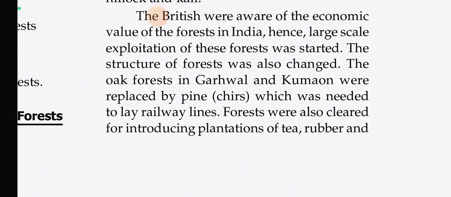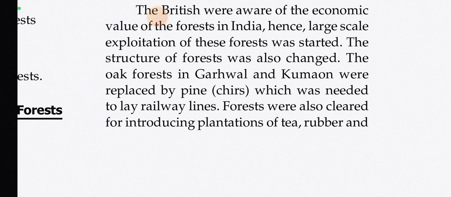The British were aware of the economic value of the forests in India, hence large-scale exploitation of these forests was started. The structure of forests was also changed. The oak forests in Garhwal and Kumaon were replaced by pine, which was needed to lay railway lines.